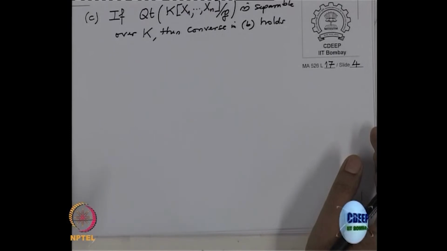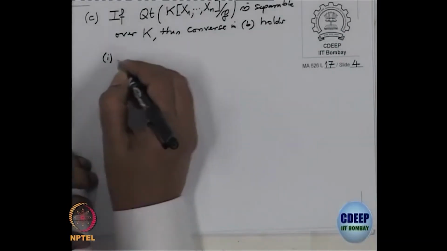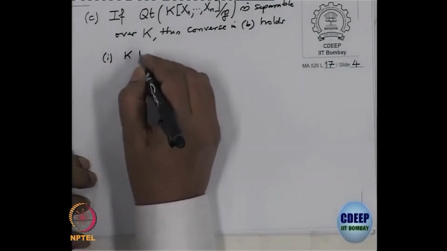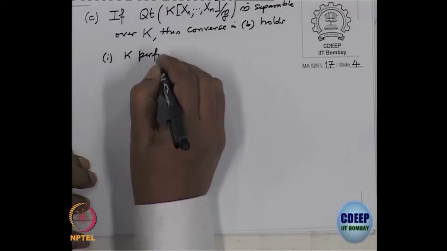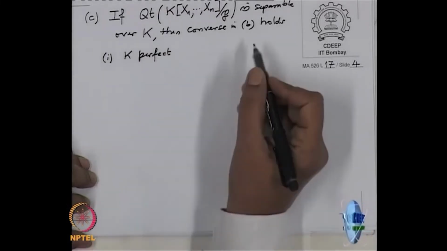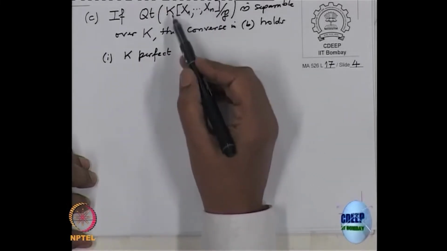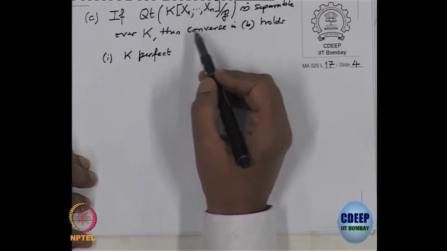So this will particularly happen in two cases. When the base field is perfect. Characteristic 0 fields are always perfect, and the characteristic P case. I will just recall what is perfect. Remember, this field is not algebraic over K in general.